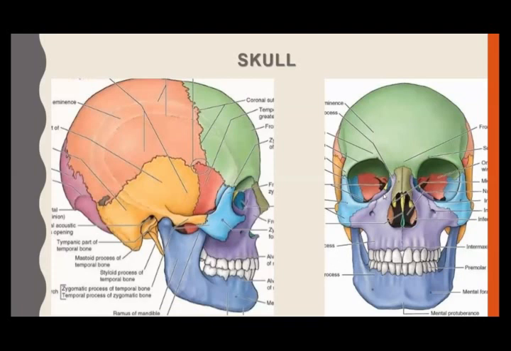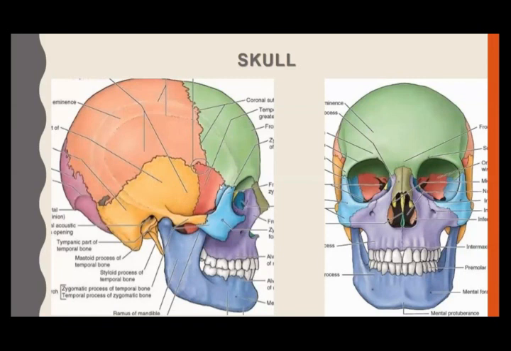By looking at these colors you can remember it very easily. So this green, when you see the lateral view, the green is the frontal bone. This orange is the parietal bone. This pink is the occipital bone.